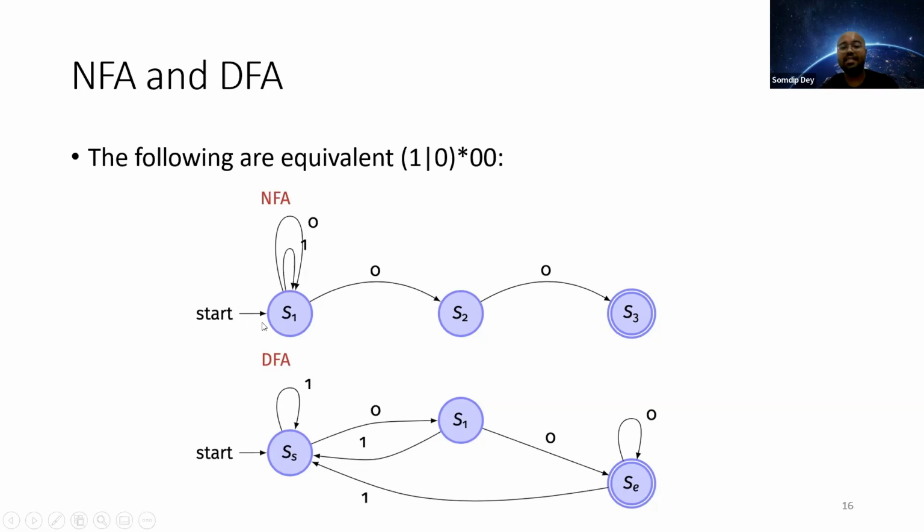But as you can see, for the NFA, the start state has multiple transitions for 0: it can either remain in the start state or go to S2. It makes it difficult to reach the accept state in the NFA. Whereas the DFA, in this case, makes it determined that it will reach the accept state if a valid input string following this regular expression is given as the input string for the DFA.